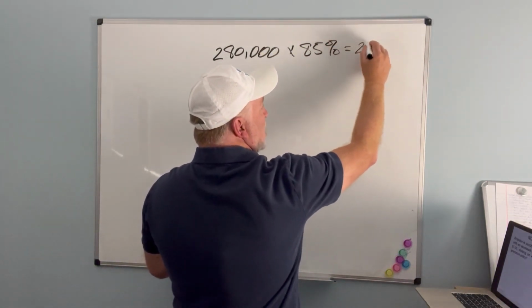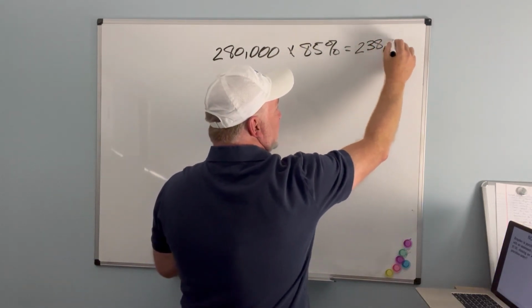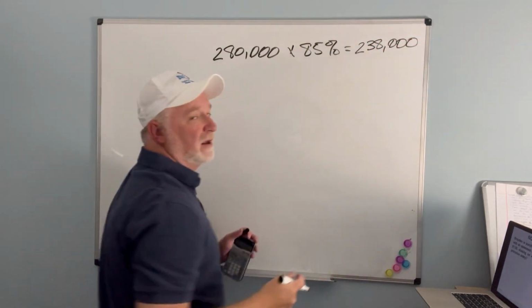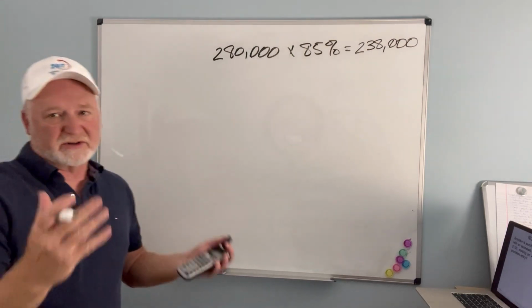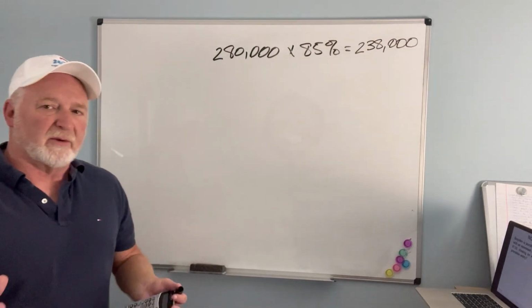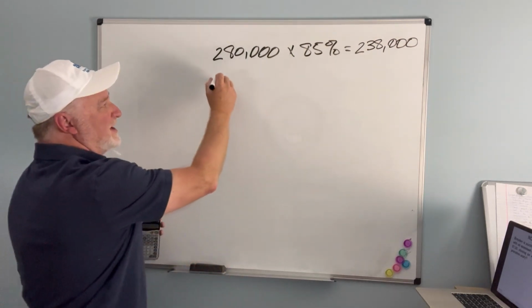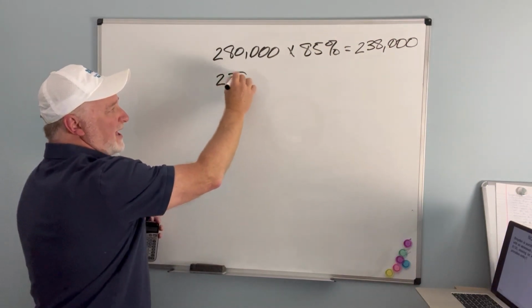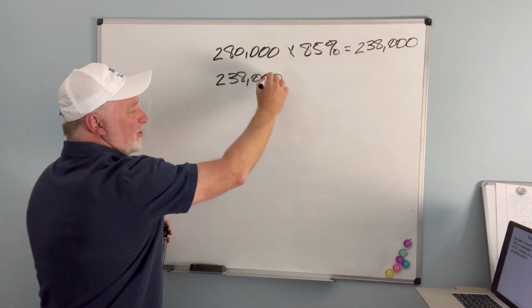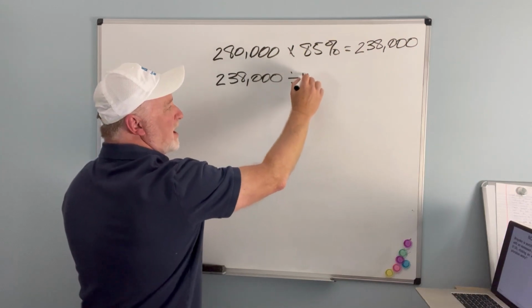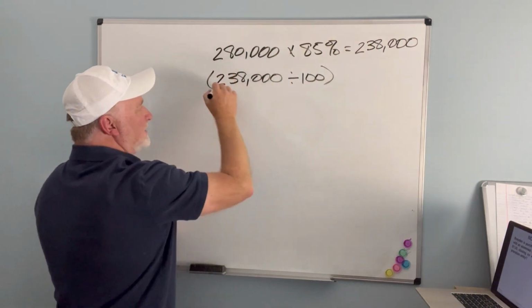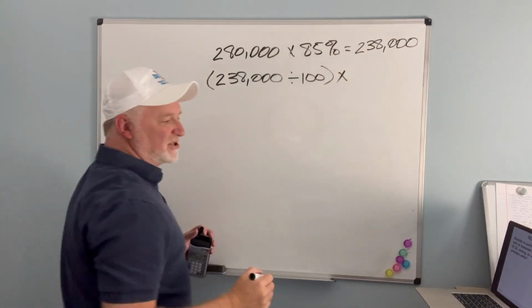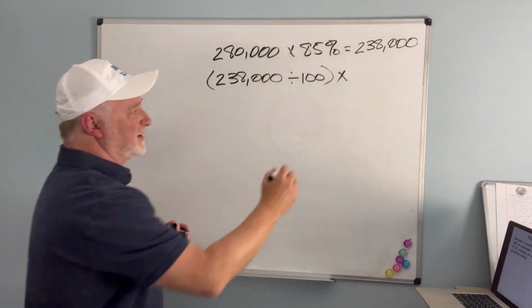So now we know what our tax assessment is, which is great, but we still don't know what our taxes are. Do you remember from an earlier chapter, to solve for taxes, $238,000 assessed value divided by 100 times the tax rate, which the problem gives us as $1.35.